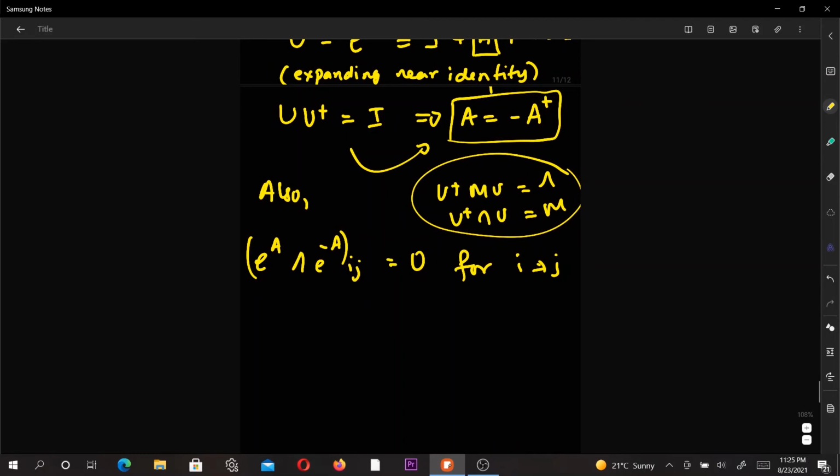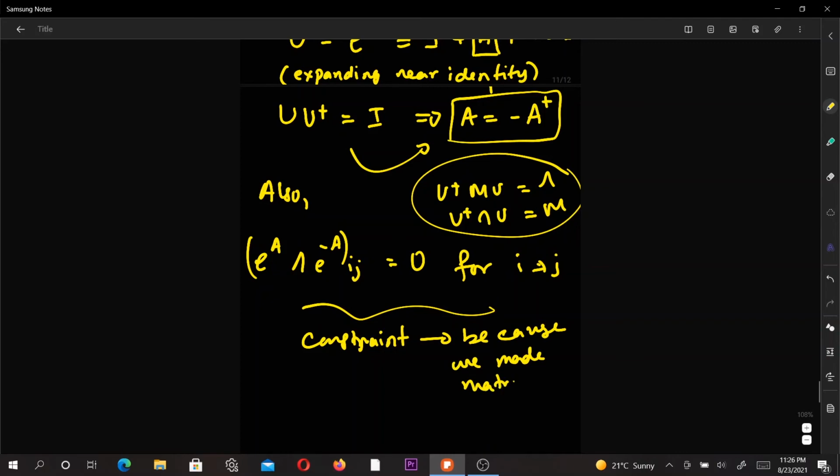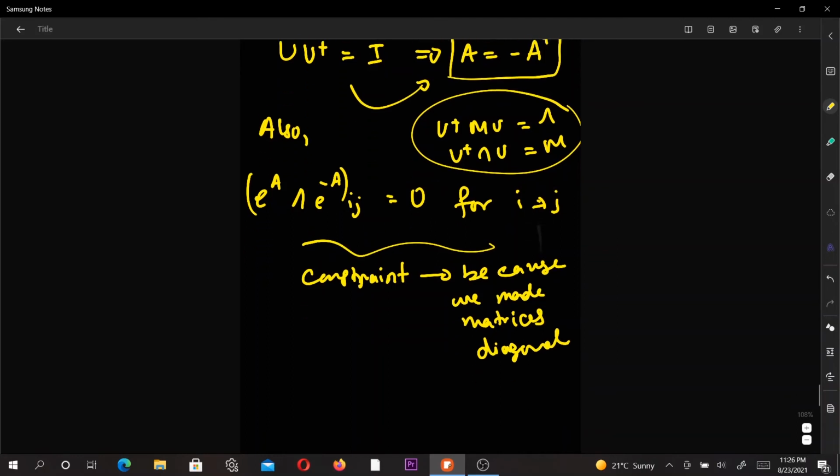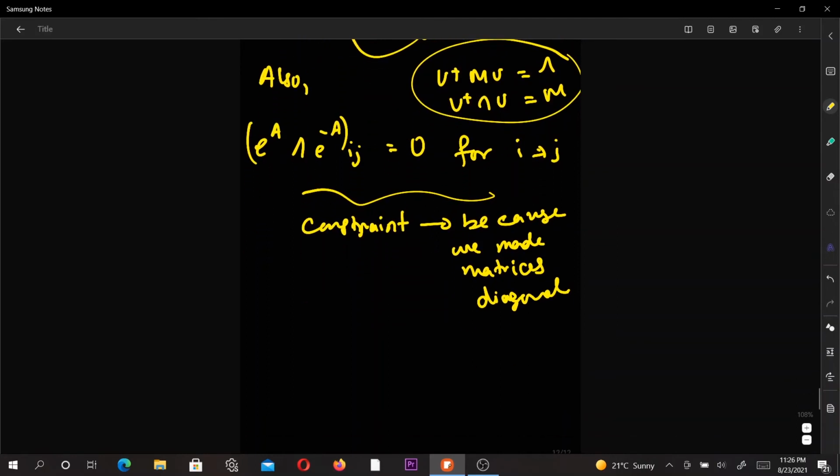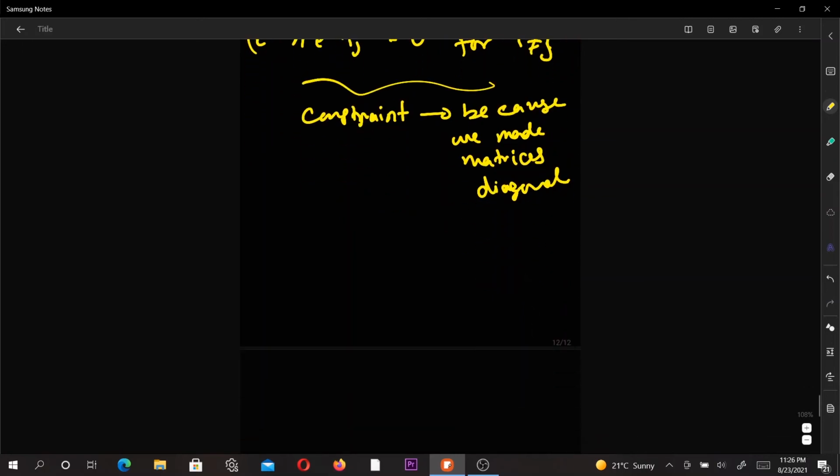We made the matrix diagonal, right? This is sort of like a constraint because we made the matrices diagonal. You can check this for yourself, that it always has to be 0 if i not equals j. That is, you only have the diagonal part.